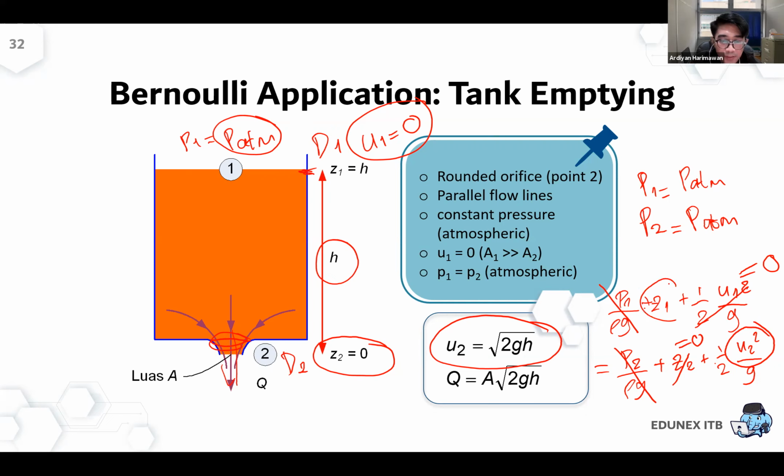Ya, dari hubungan ini. And this is velocity, meters per second. If you want the flow rate in cubic meters per second, flow rate will be velocity times cross-sectional area. So this will be A2 times the velocity.